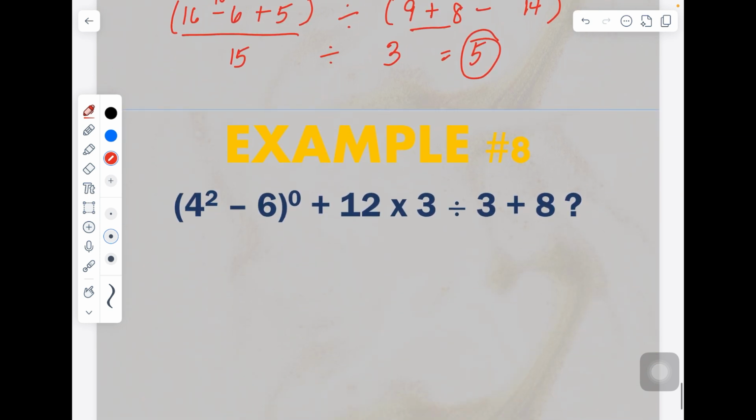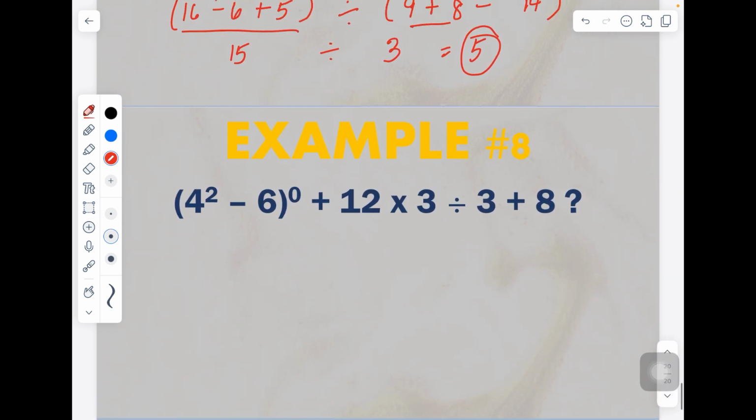I think this is the last one. So example number 8. Quantity of 4 squared minus 6 raised to 0. You know the answer here. Plus 12 times 3 divided by 3 plus 8. So in here, you can do the long method. But to make your life easier, you know the rule: anything, numbers, letters, variables, expressions raised to 0 altogether, the answer is 1.